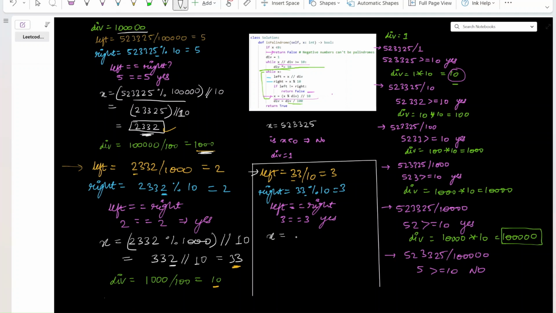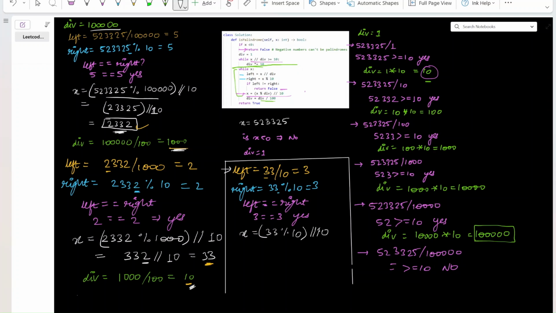So our x would be equal to current x, which is 33, %div, which is 10, divide by 10. So 33% 10 is 3, divide by 10, which is equal to 0. And then we need to update our div too.